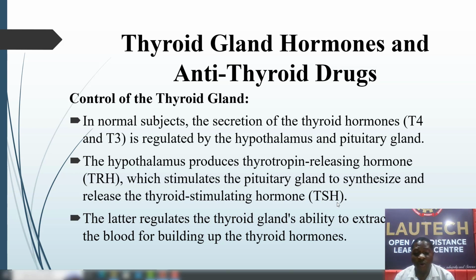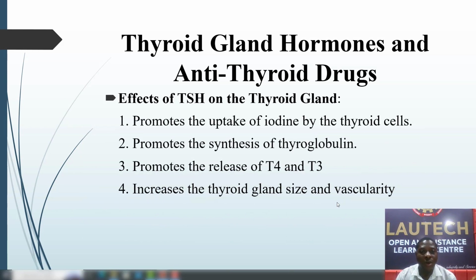So for the building up or for the synthesis of thyroid hormones, we need what? Iodine in the body. So iodine must be added to our food, or if there's any deficiency in iodine, the iodine should be added to our food too, because it's good for synthesis of what?